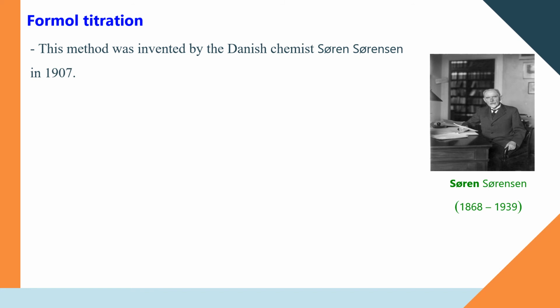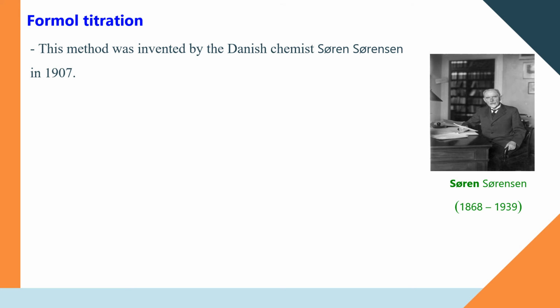Søren Sørensen is famous for his invention of the pH scale. The pH scale we know ranges from pH 7 for neutral solution, lower than pH 7 for acidic solution, and higher than pH 7 for alkaline solution. This scale was invented by Søren Sørensen.